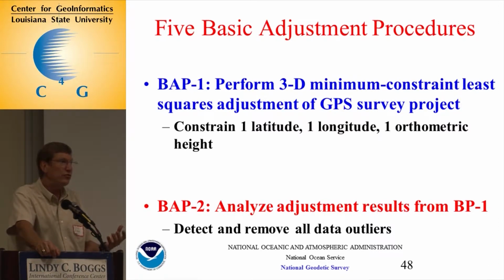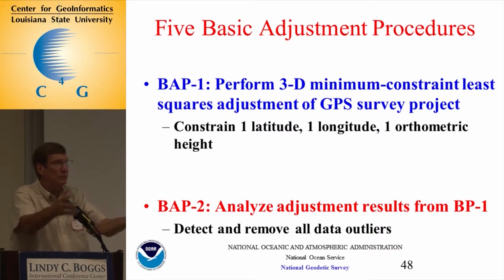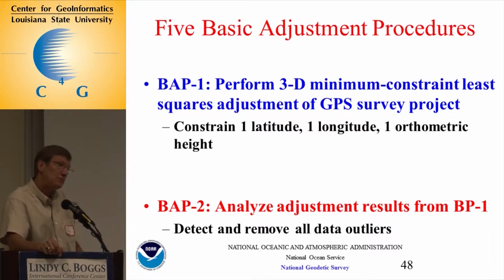You can be pushing error from a bad station into some other station and never even know it if you just throw it in all together, especially in the vertical. A bad vertical coordinate will be pushed around, and a bad horizontal coordinate pushed around back into the vertical component, ellipsoid height, and you won't even know which one is bad.